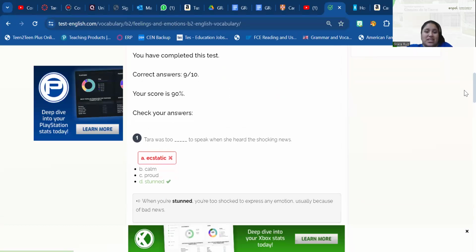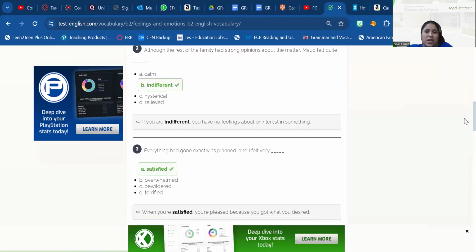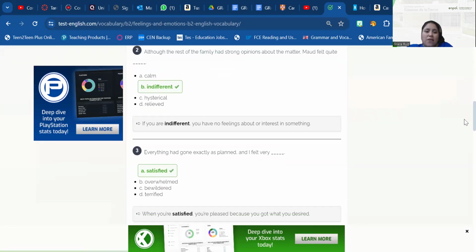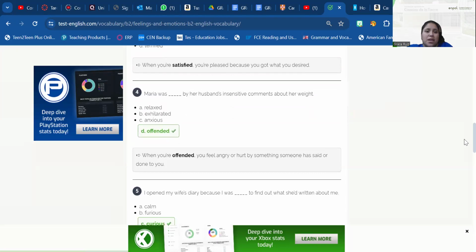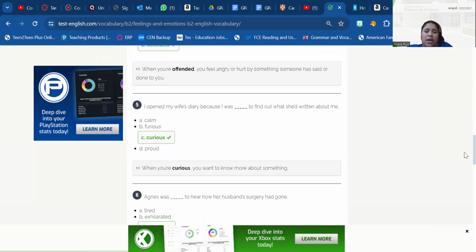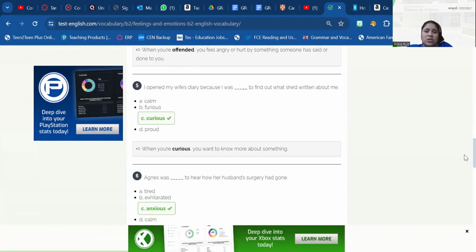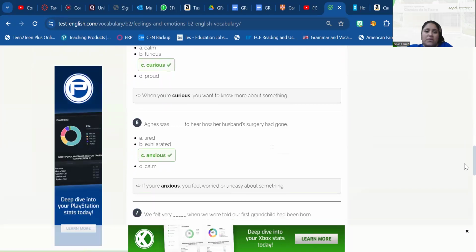Tara was too stunned to speak when she heard the shocking news. Although the rest of the family had strong opinions about the matter, Maud felt quite indifferent. Everything had gone exactly as planned, and I felt very satisfied. Maria was offended by her husband's insensitive comments about her weight. I opened my wife's diary because I was anxious to find out what she'd written about me.